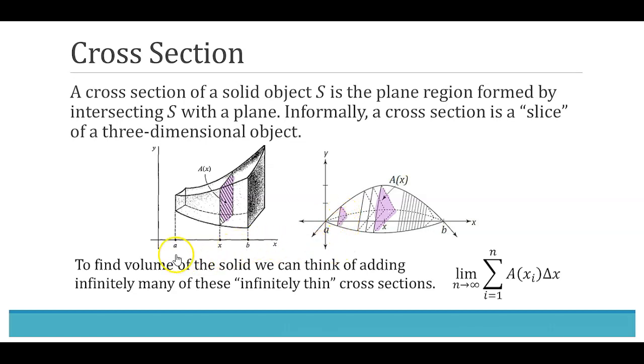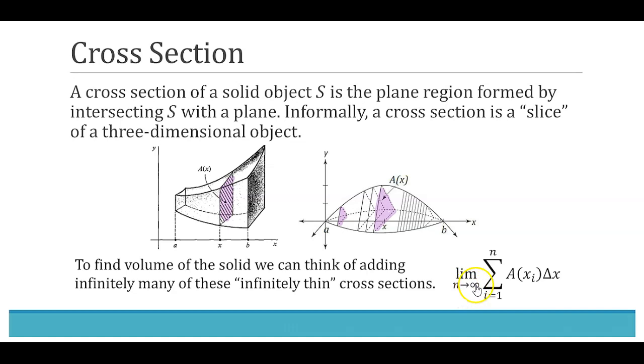We're interested in finding the volume of these three-dimensional objects. To find the volume of the solid, we can think of adding infinitely many of these infinitely thin cross-sections together. So we are taking the limit as n approaches infinity. n is the number of cross-sections.